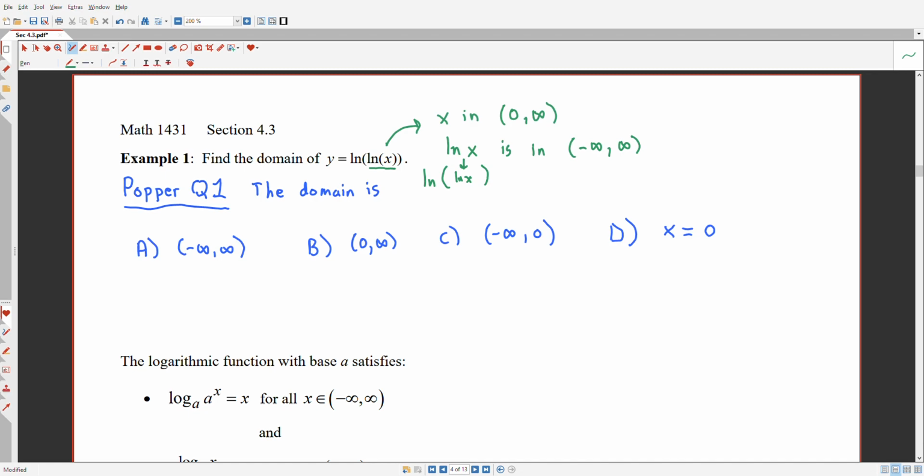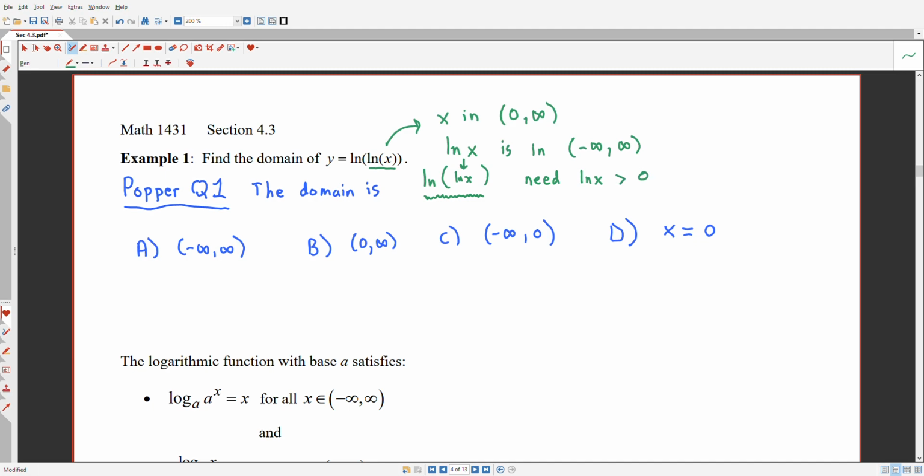Right? If the natural log of x happened to be 0 or negative, then I'm going to plug the number 0 or a negative number in here, and I'm not allowed to do that. So we need this inside natural log of x to be positive.